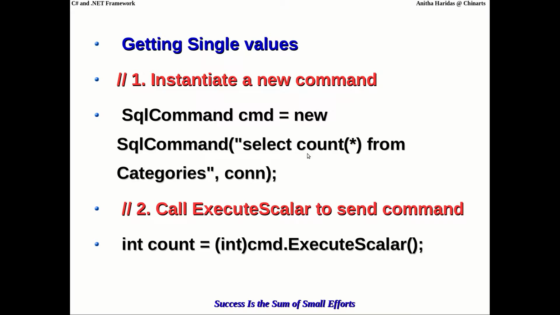It is retrieving a scalar value. So I am not using execute reader. I am not using execute non-query. Instead, I am using a method called execute scalar. And if the scalar value is going to return an integer, you just typecast it to integer and you store it in whatever variable you want to have.